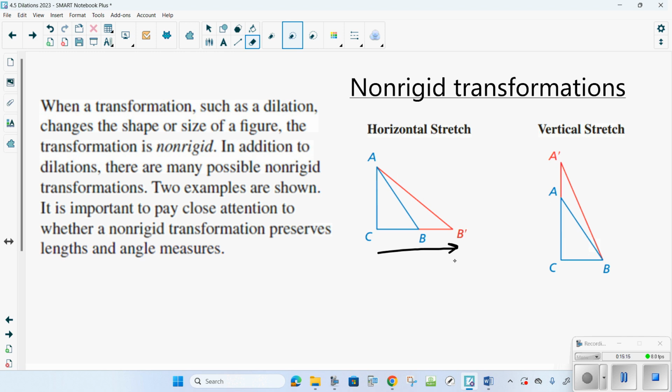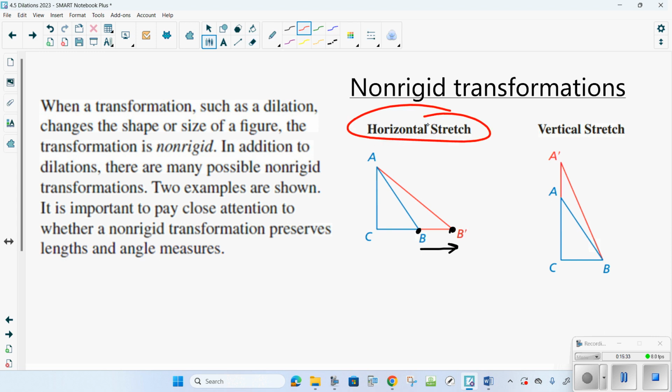Two examples are shown. It's important to pay close attention to whether the non-rigid transformation preserves the lengths and the angles. So if I stretch B only, notice that I only moved B, this would be considered a horizontal stretch.